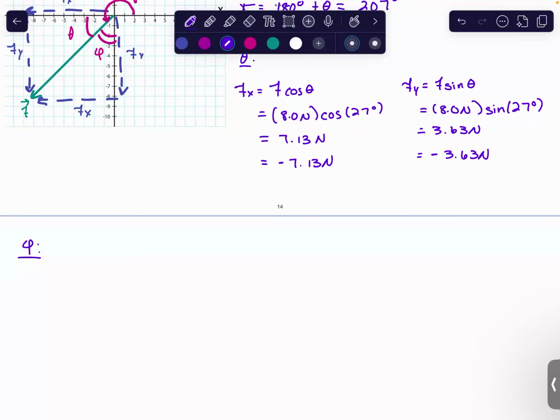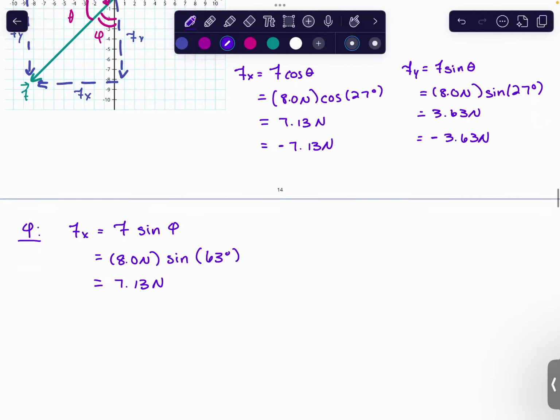Okay, so you're gonna get, it's gonna be F sine of phi. And what we said phi was 63 degrees. Calculate this, 7.13. But we have to adjust it to a negative because it's in the third quadrant.